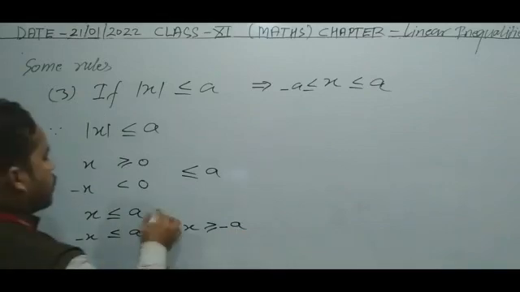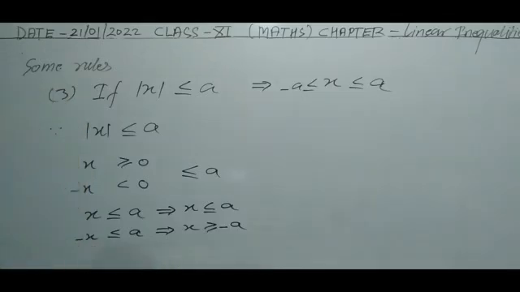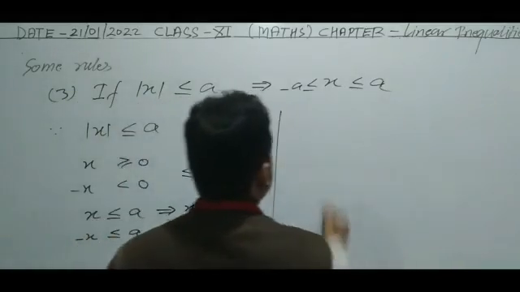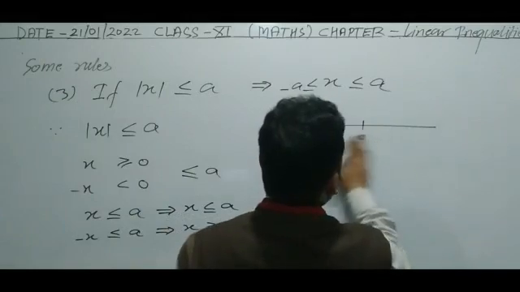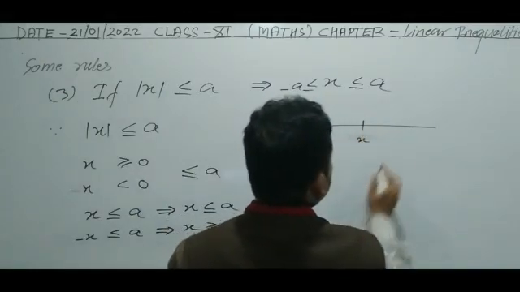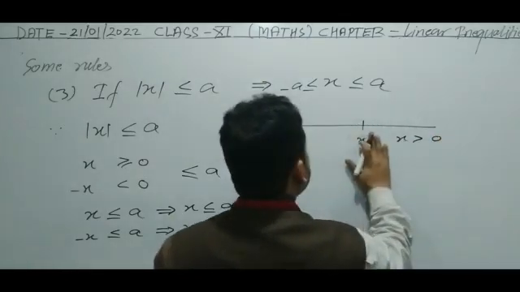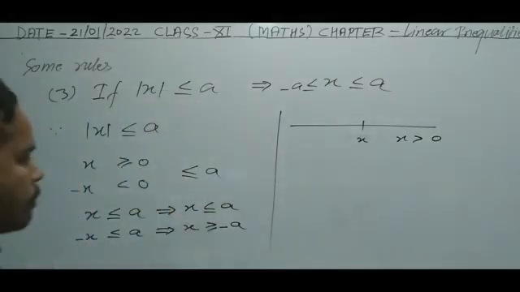So we have to write the same part, and this one you will see x is less than or equal to a and x is greater than or equal to minus a. Suppose on the number line this is 0 and suppose this is x, so this result is for x greater than 0, or for x greater than a, we can suppose.